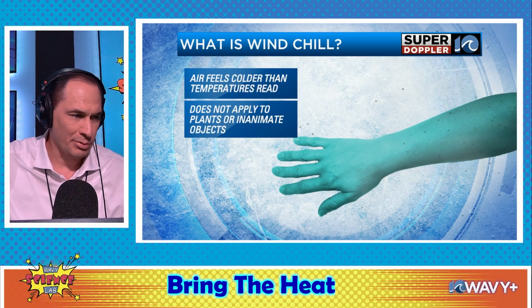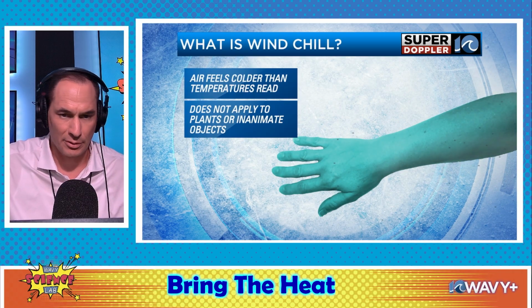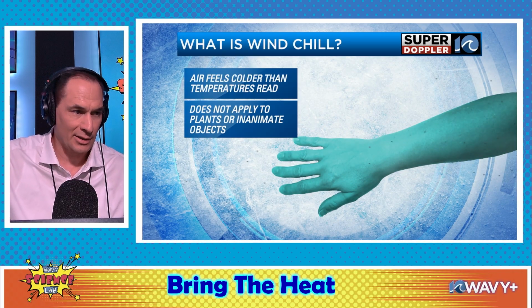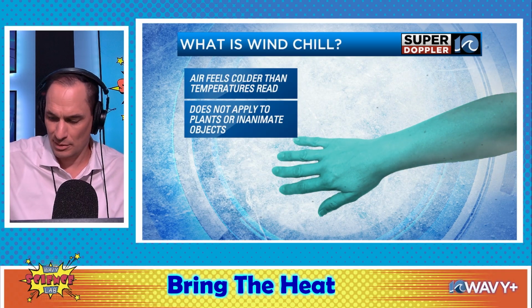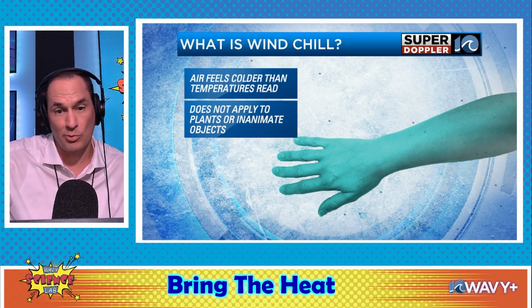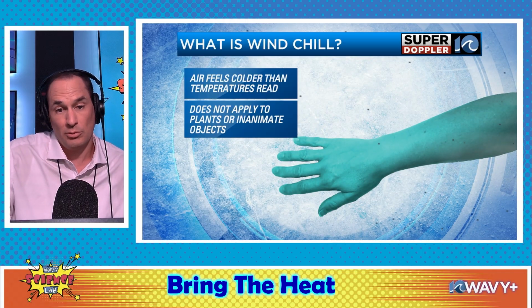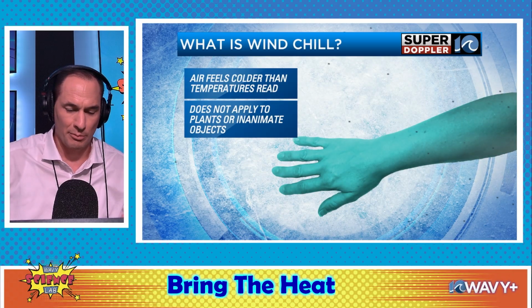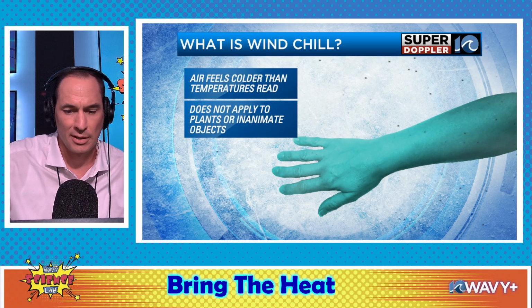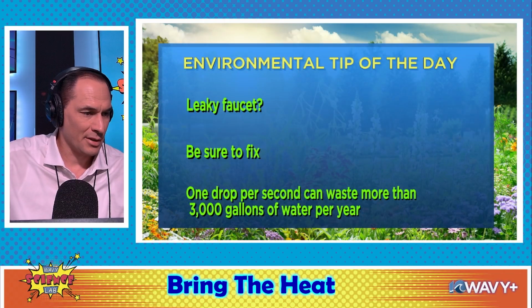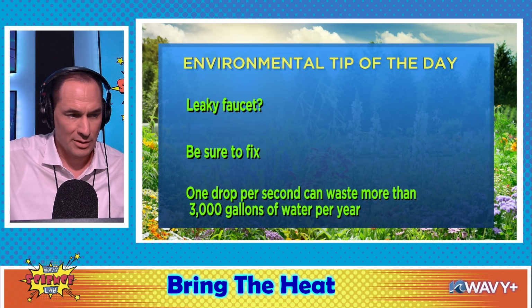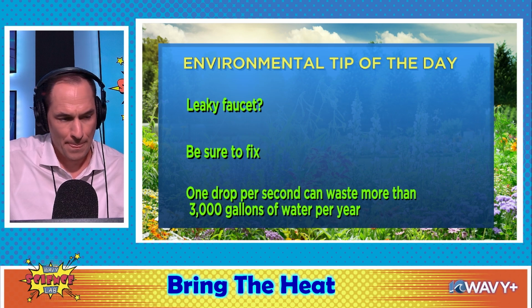It doesn't apply to plants or inanimate objects. It doesn't work for machines. Not the wind chill. It's us, because of that cooling effect. And you can also get some evaporation if you have some sweat, which might surprise you. Sometimes you're bundled up and you still have some sweat, even if it's super cold, but it's not as much. All right, so that's talking about the heat today.